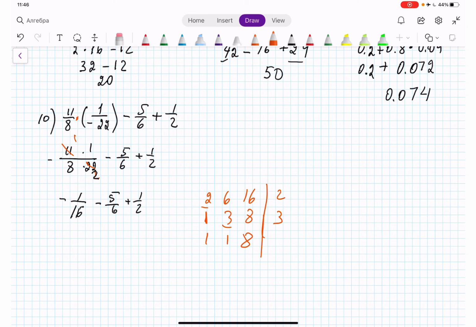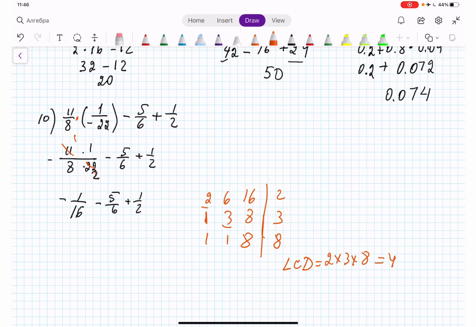Since there is no other number, I'm not going through 2 and then 4, so I just might as well divide by 8. The first number is 1 already, the second number is 1, so 8. Okay, and we are getting the common denominator, LCD, equal to 2 times 3 times 8.